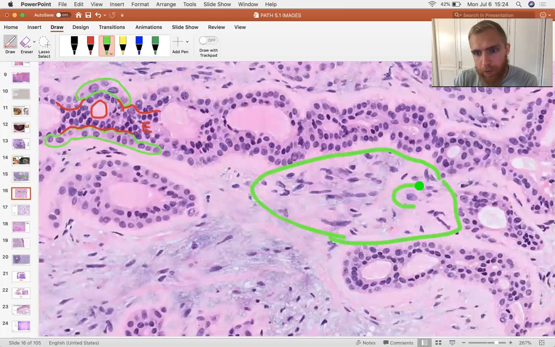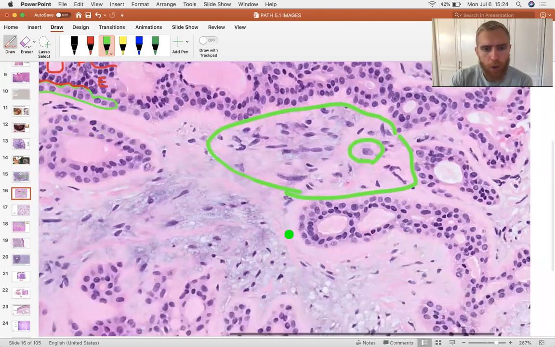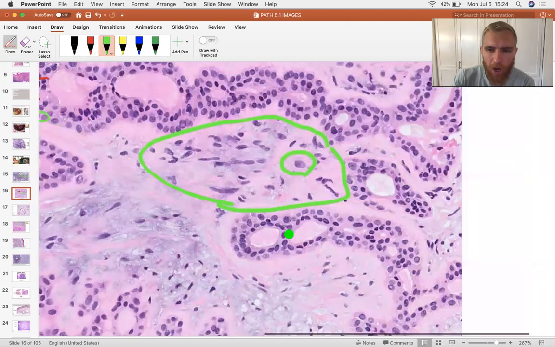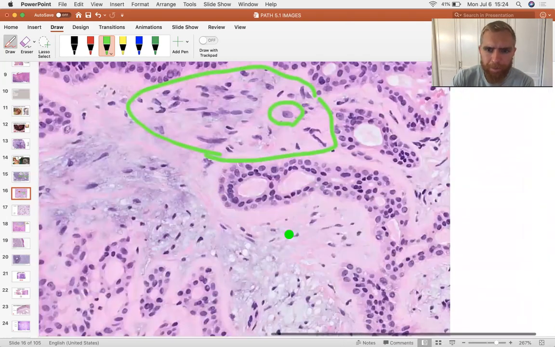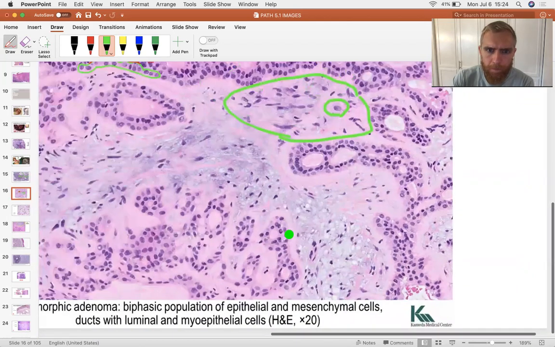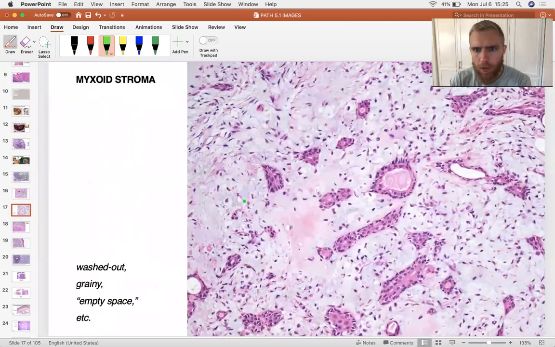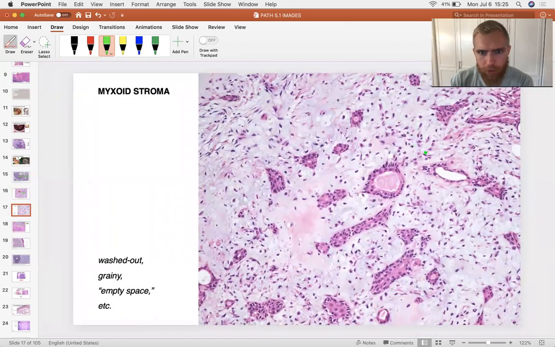Like this cell in particular is a myoepithelial cell. And you can tell that it's capable of laying down some sort of extracellular matrix, but it's got a really myxoid type of washed out nature. Another good example of myxoid stroma.